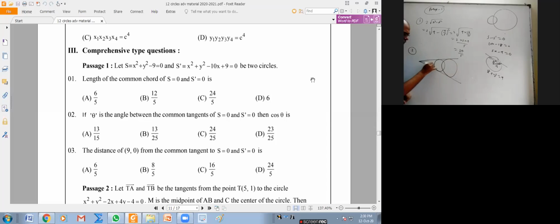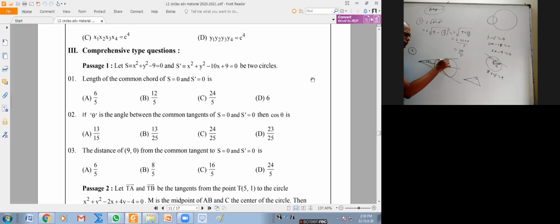If they are asking for the angle between direct common tangents, of course, I can find the external center of similitude and then use tan theta by 2 equal to r by root s11. That is one way. Another way, just from the figure: if this is theta by 2, because the total is theta, and I draw one horizontal line, that is also theta by 2. Taking this small triangle separately, where is the 90?